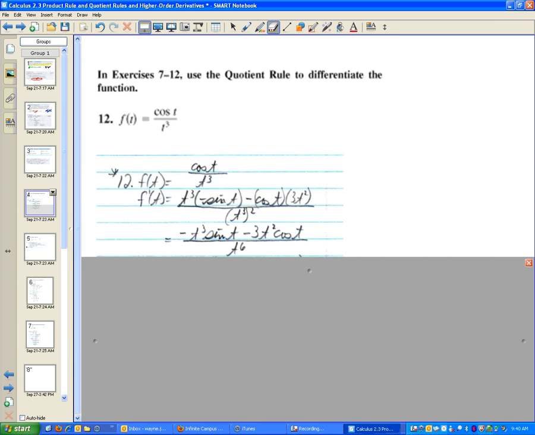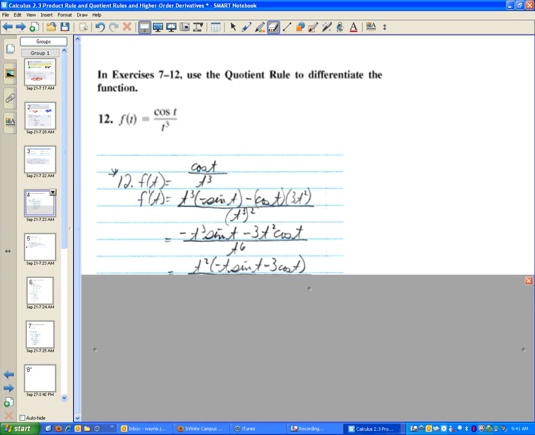Is there a greatest common factor I can divide or factor out of the numerator? T squared. Should I take out the negative as well? Who knows, right? Sometimes it turns out you need to. Sometimes it turns out you don't. So I won't yet. Maybe I'll need to. It's not wrong if I do. I'm just not going to yet. So I can take out a t squared.